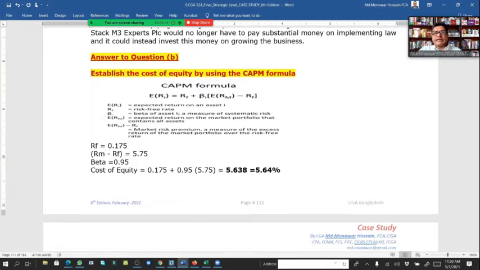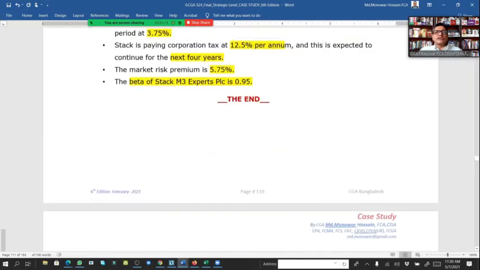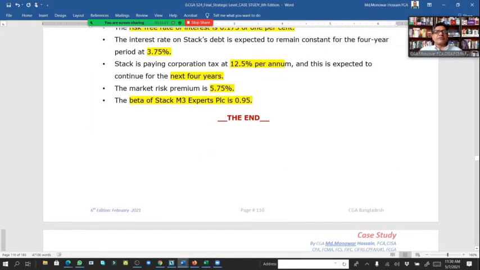Sometimes market return minus risk-free rate of return is called the risk premium. That's why the question says risk premium.